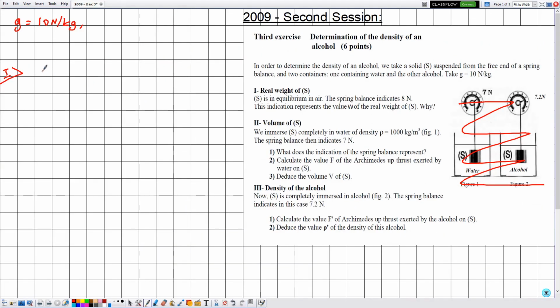Then let's say, since the suspended object is in air at equilibrium, then the spring balance indicates its real weight.